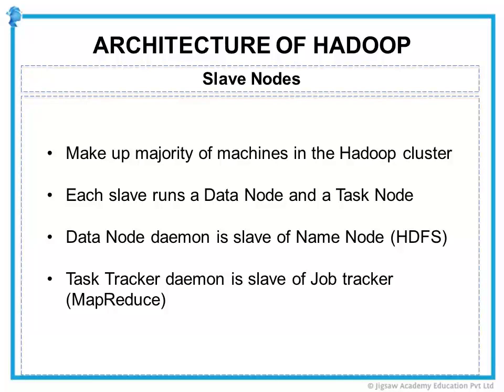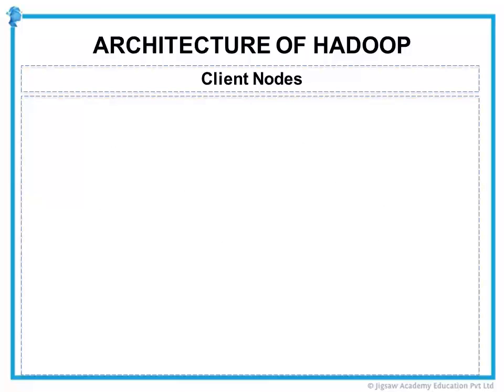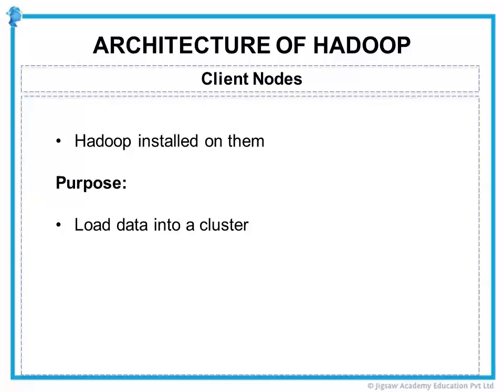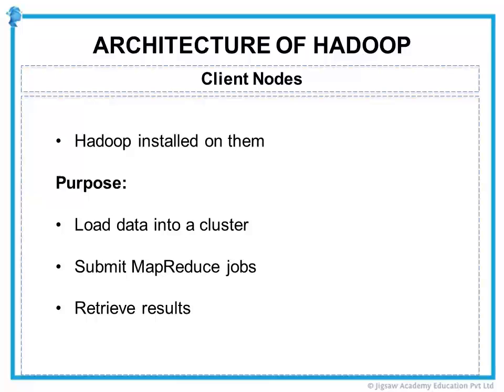And we have the task tracker, which receives instructions from its master, which is the job tracker. This is responsible for running your business logic as a MapReduce program. And lastly, we have the client machines who have Hadoop installed on them and whose purpose is to load data into the cluster, submit MapReduce jobs, and retrieve its results.